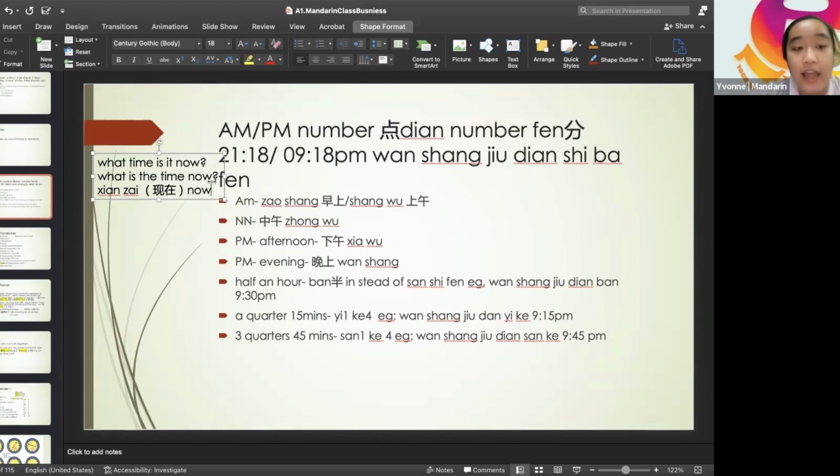Next one, we will go with what time, which is 几. Then the word 点, which is the hour, remember? 现在几点? What time is it now?